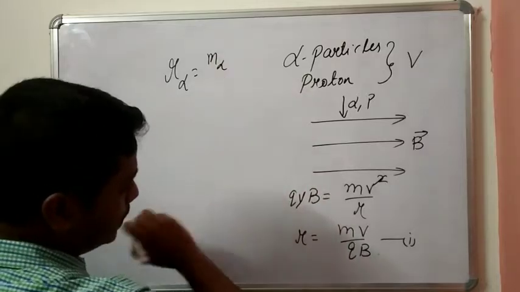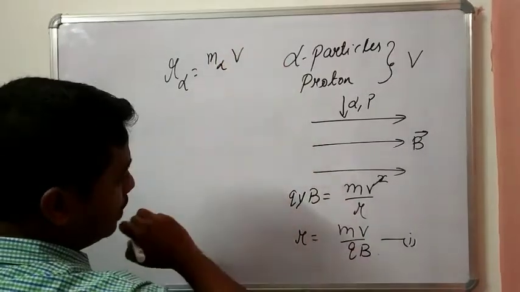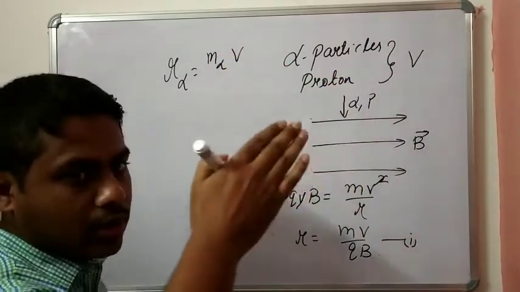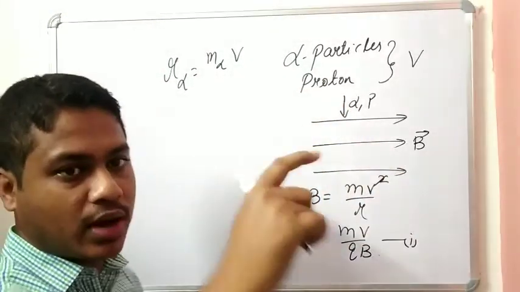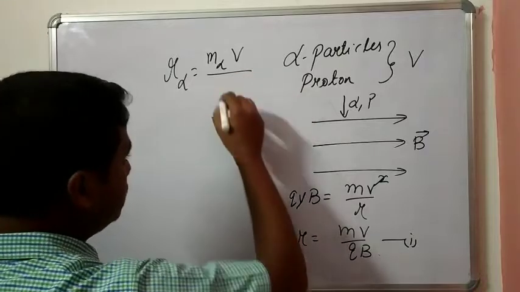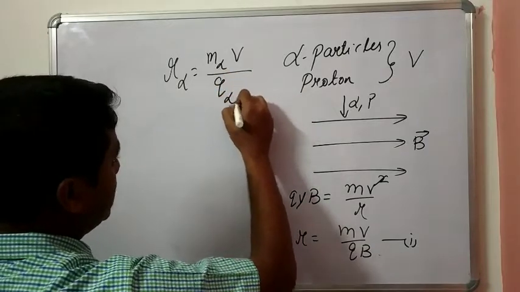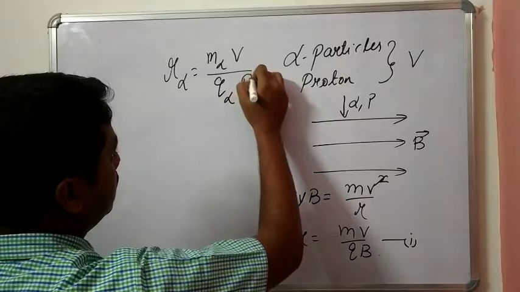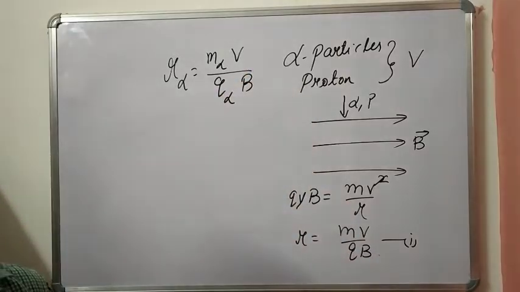into velocity. Since the alpha particle and proton have the same velocity, we will use the same v, divided by q alpha, that is the charge of the alpha particle, into the magnetic field.